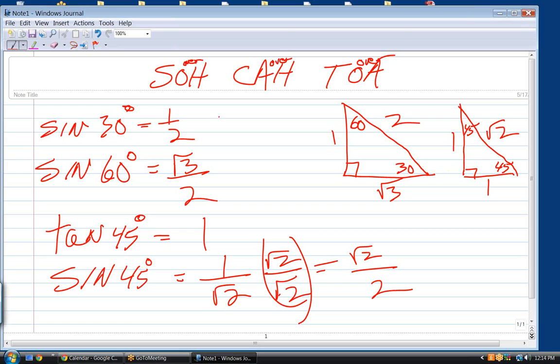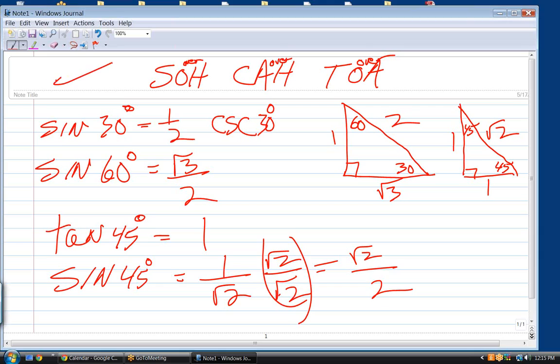Okay, what is the cosecant of 30 degrees? Cosecant. Is that 2 over 1? Yeah. In other words, the only thing you need to memorize is that cosecant is the reciprocal of sine, secant is the reciprocal of cosine, and cotangent is the reciprocal of tangent.